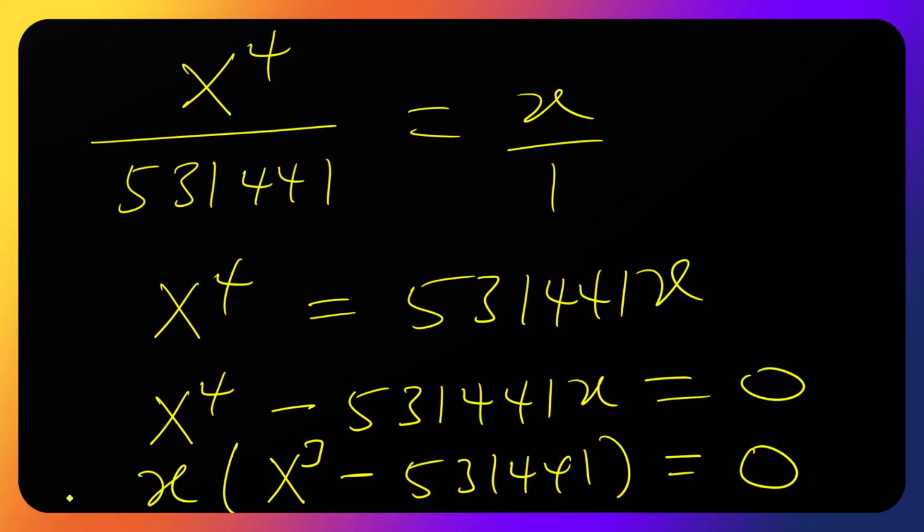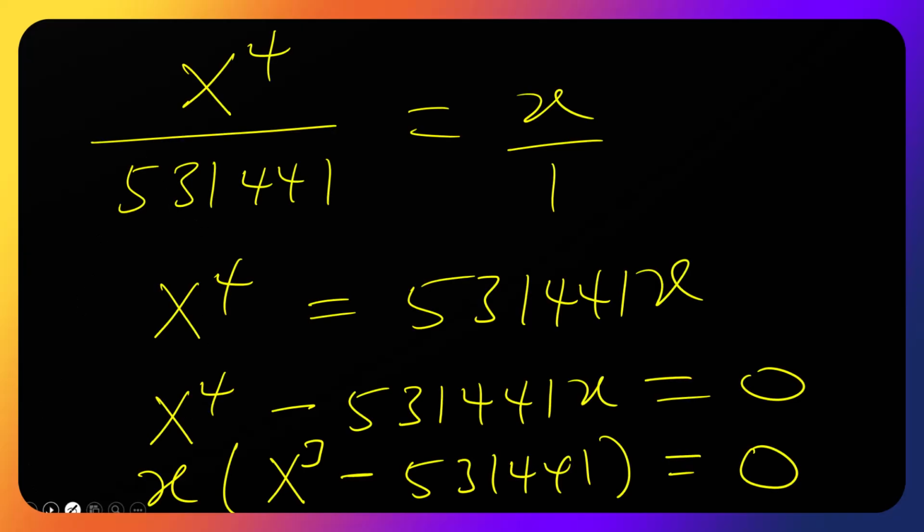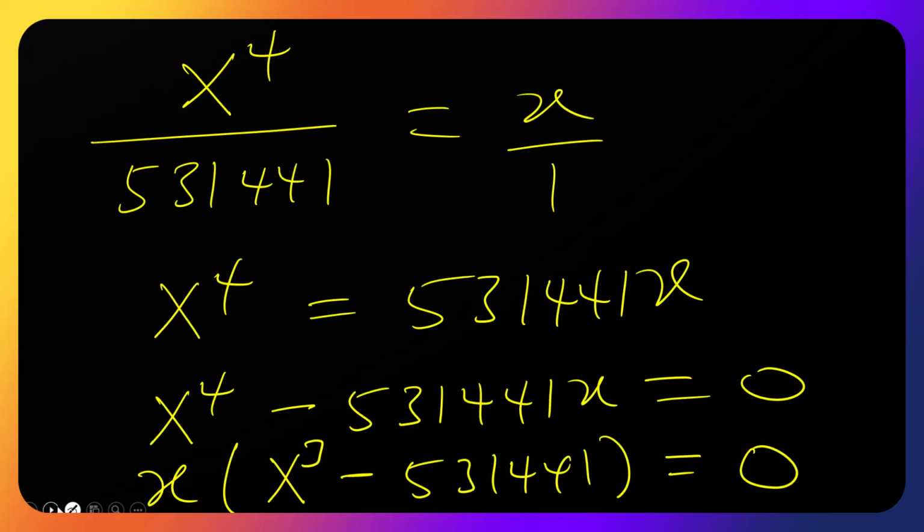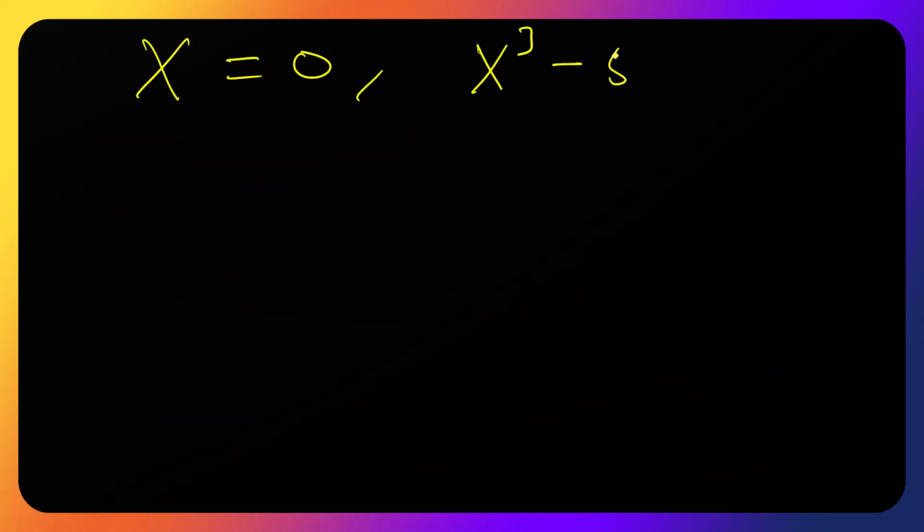So from here I can say x equals 0, following the zero product rule, x equals 0, or x cubed minus 531,441.